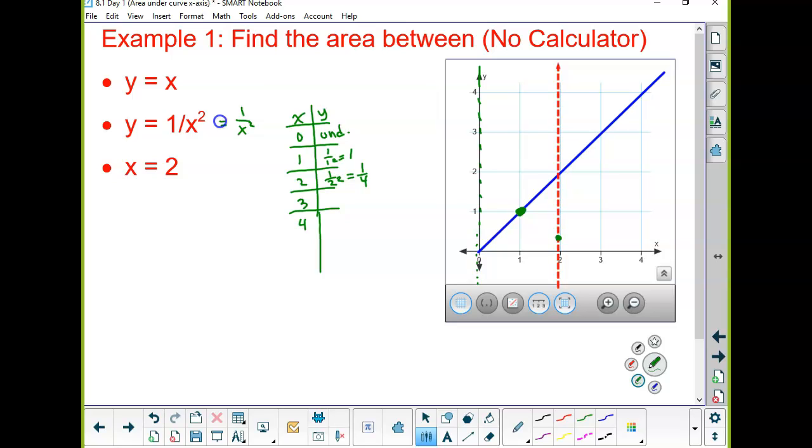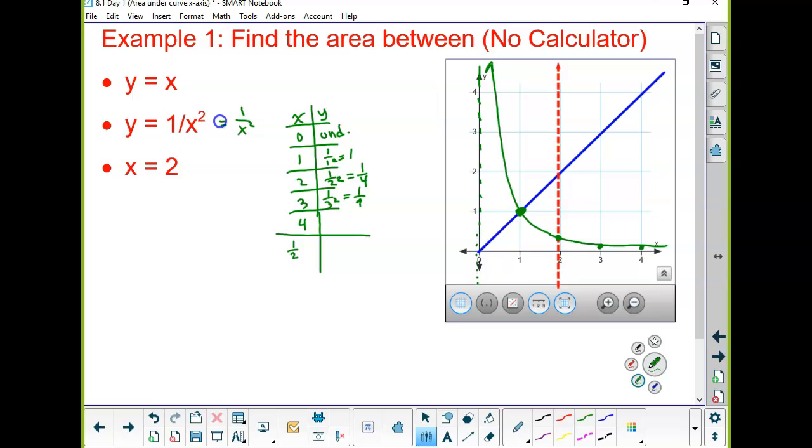And you can notice the pattern here. If I plug in 3, I'll get 1/9. If I plug in 4, I'll get 1/16. So you can kind of really see where that's going. Which means, since we know it's undefined, you basically know this graph right here. The only thing I might suggest is, let's try 1/2.